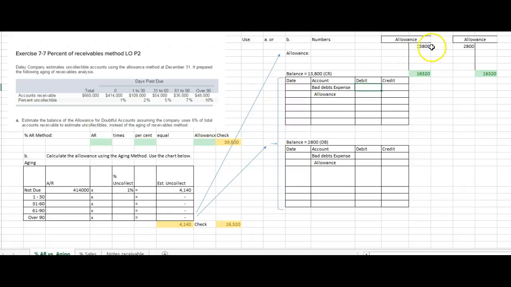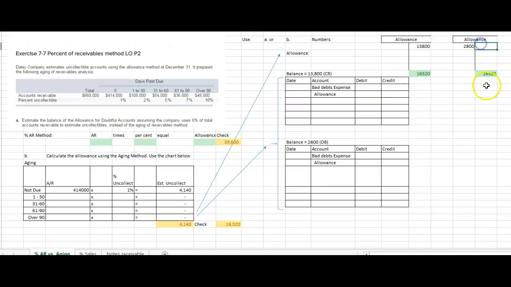If I had a $13,800 credit balance and I need a $16,320 credit balance, what do I have to do? Well, it looks like I would have to credit the allowance for so much, and then the debit becomes my bad debt expense.